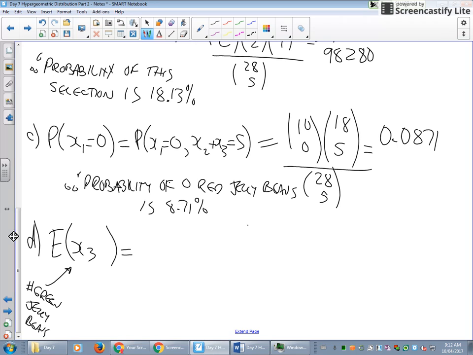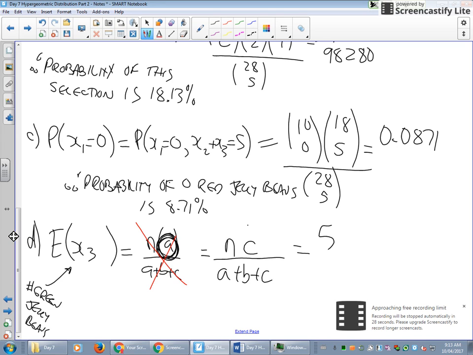Our general formula says N A over A plus B plus C. However, our A in this particular case is supposed to be the total number that we can draw from of our green beans. So what we really want is N times C, because C represents the number of green jelly beans that are there, over A plus B plus C.